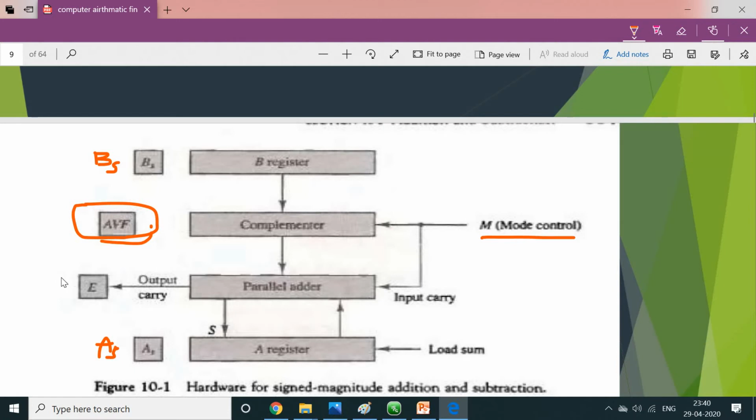Here this is the E bit. Sometimes it is represented as a carry, either E or carry, because after addition in the parallel adder, the sum is stored inside the A register. Is there any carry generated? That carry goes to the E bit. This is the output carry.